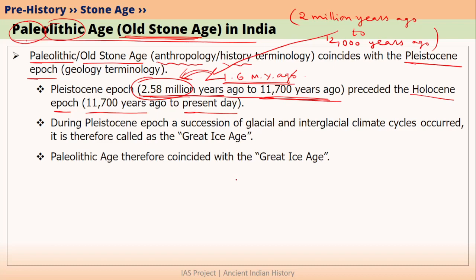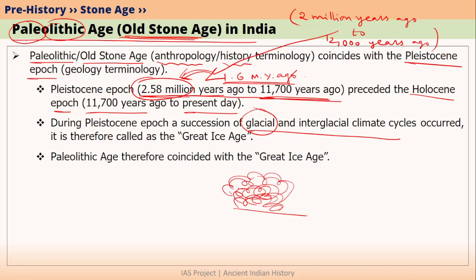During Pleistocene epoch, a succession of glacial and interglacial climate cycles occurred. Now what do we mean by this? Glacial cycle means the time where glaciers are formed. Glaciers are nothing but those big structures of ice that move very slowly. So during the glacial cycle, more and more glaciers started to be accumulated.